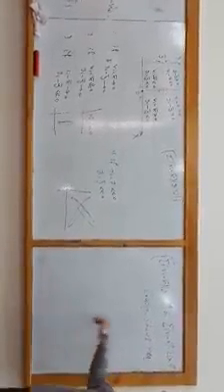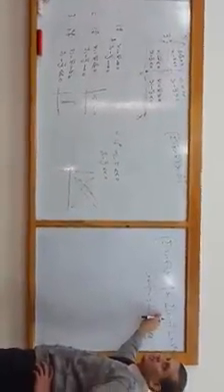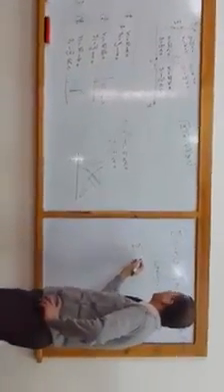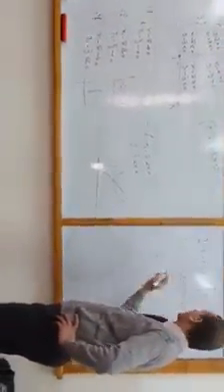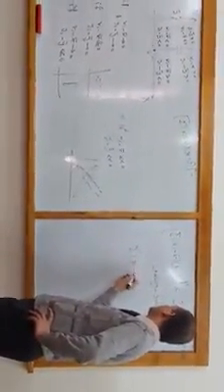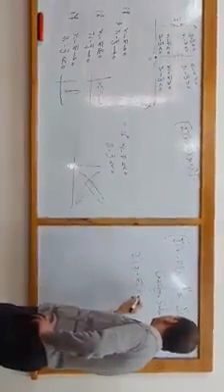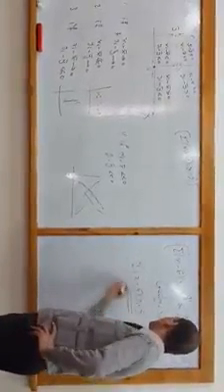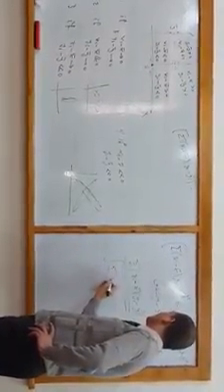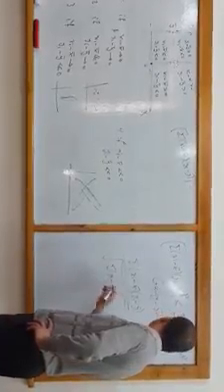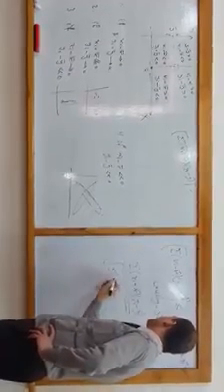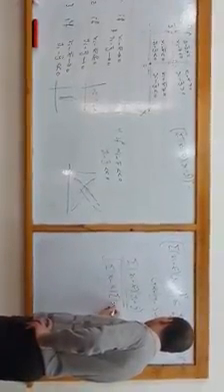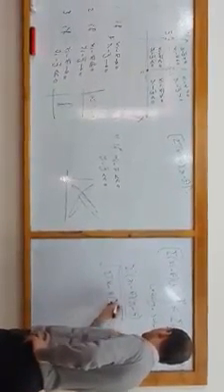Now dividing by this term and taking the square root, we obtain the summation of xi minus x bar times yi minus y bar over the square root of the summation of xi minus x bar square times the summation of yi minus y bar square.